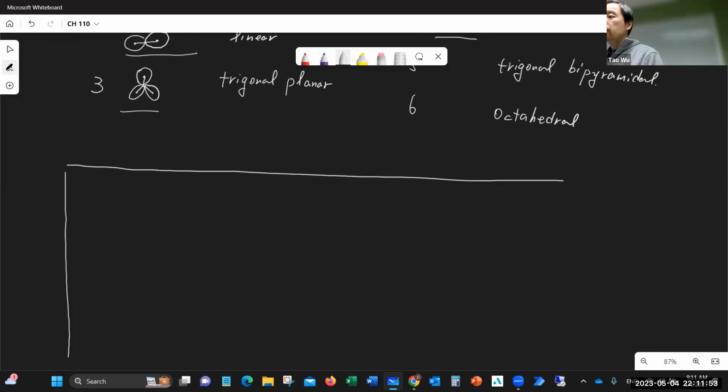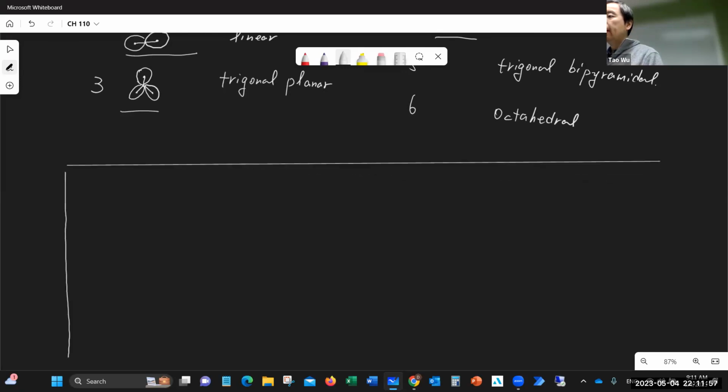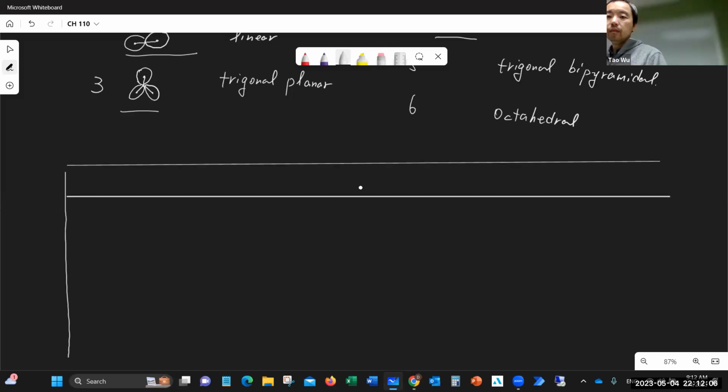The first column is the number of electron domains, and then the electron domain geometry.